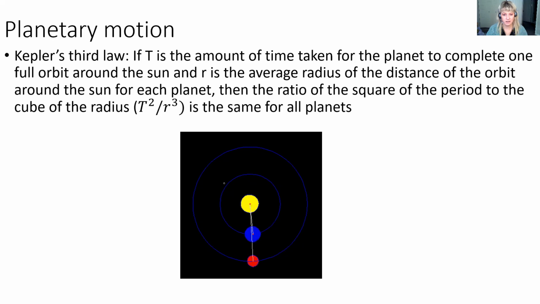It takes a shorter amount of time to go around the sun once. It's going around it faster. On the other hand, the red planet out here has a larger radius, and it also takes a lot longer to go around.